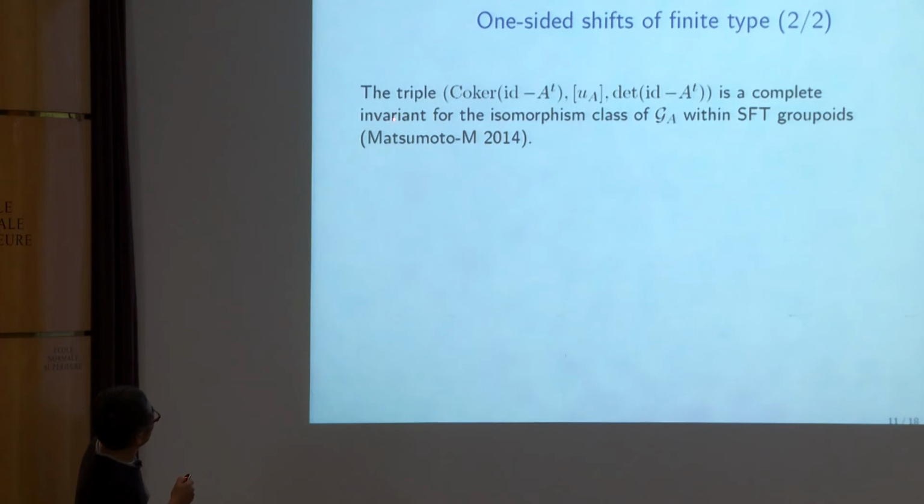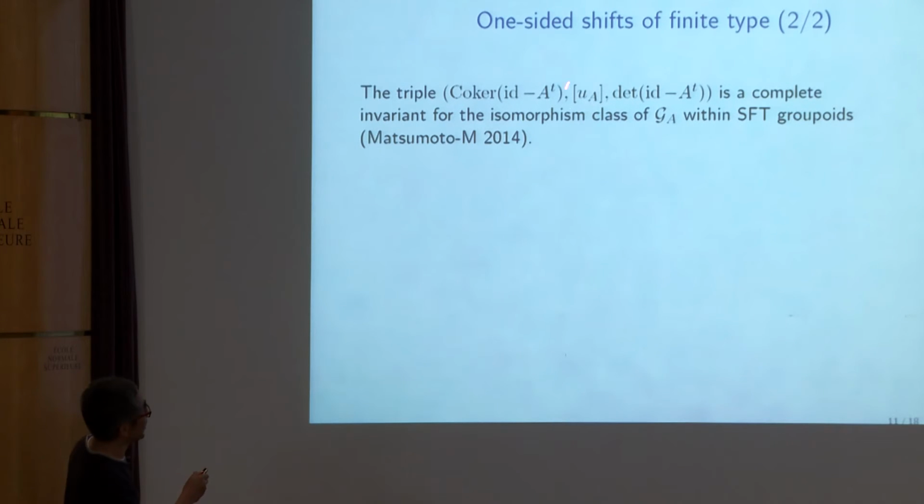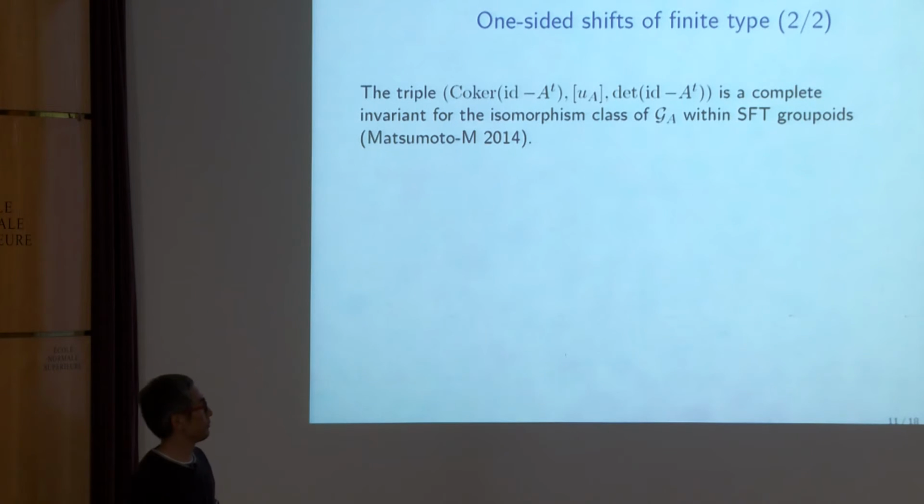And this triple, the cokernel of this matrix, the equivalence class of the constant function 1 on the unit space in H0, and this determinant, which is some natural number, is a complete invariant for the isomorphism class of G_A within SFT groupoids.